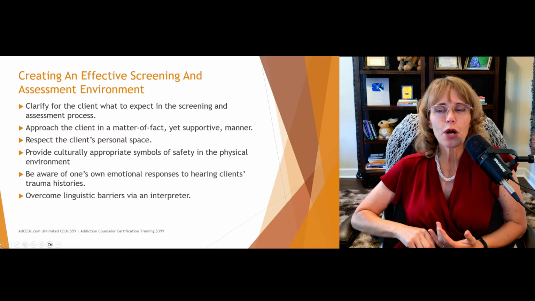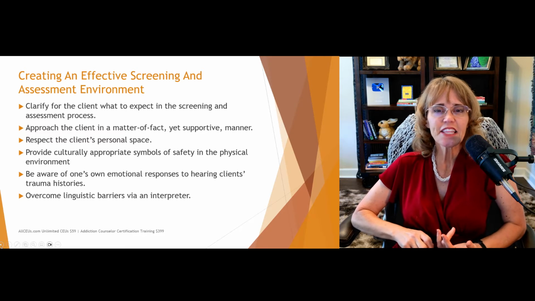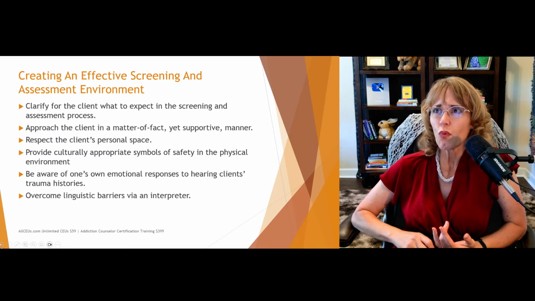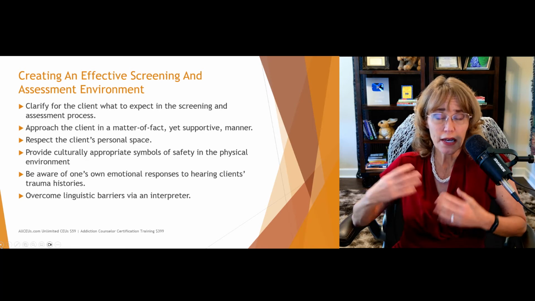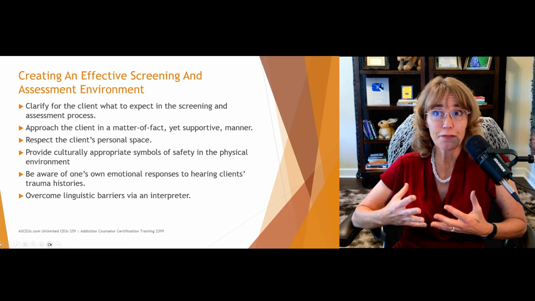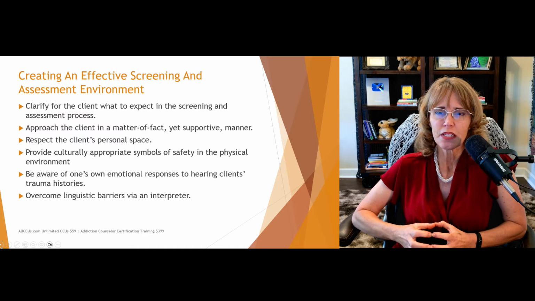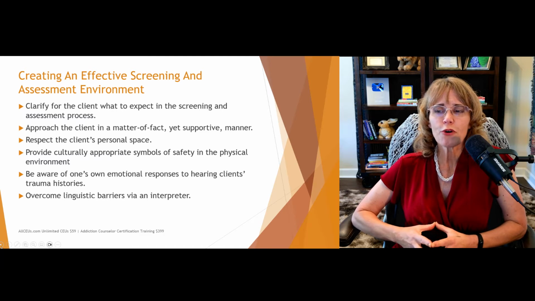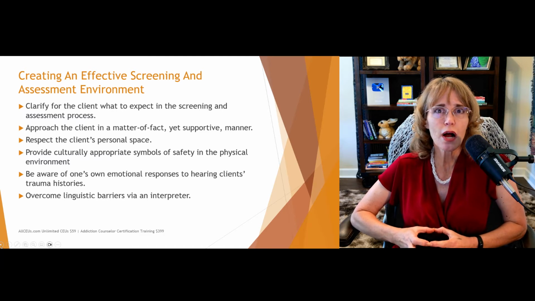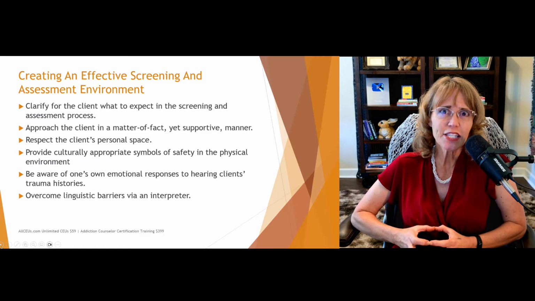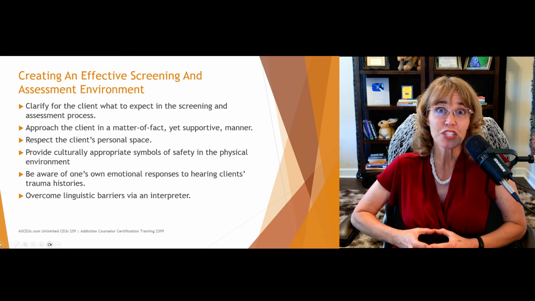Provide culturally appropriate symbols of safety in the physical environment, whatever that means for the cultures and the communities that you serve. Be aware of one's own emotional responses to hearing clients' trauma histories. Pay attention to those nonverbals because they're hypervigilant to them.